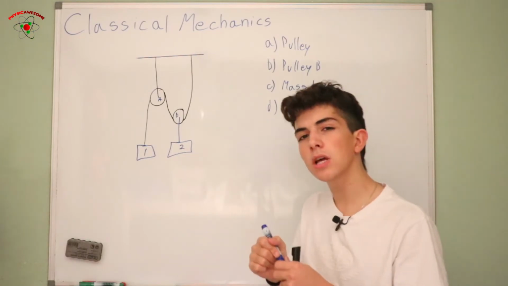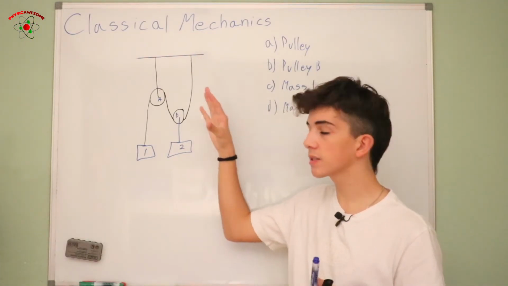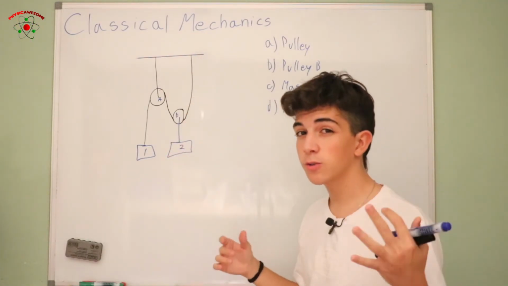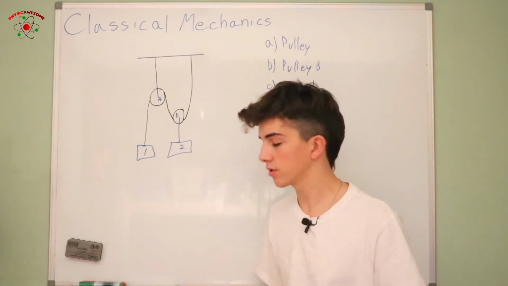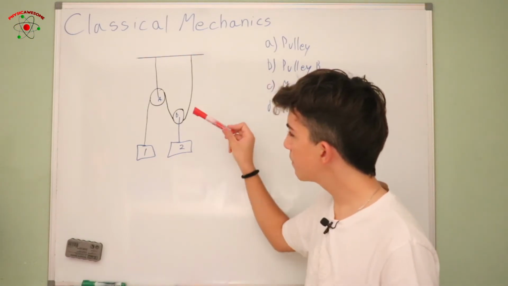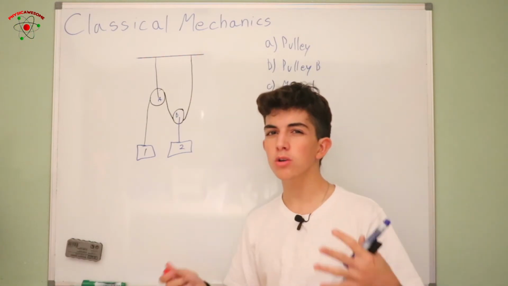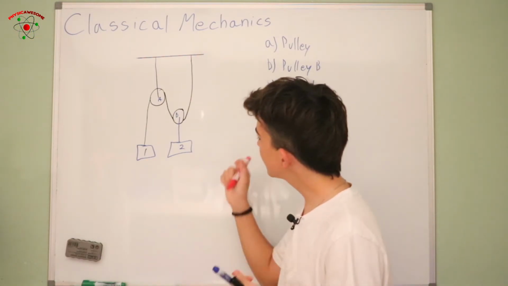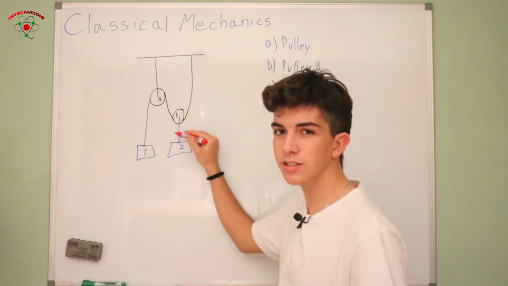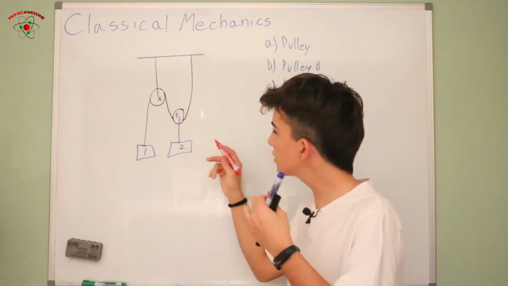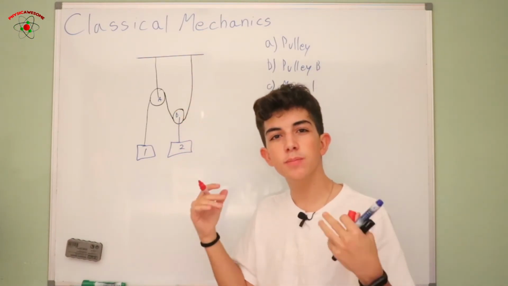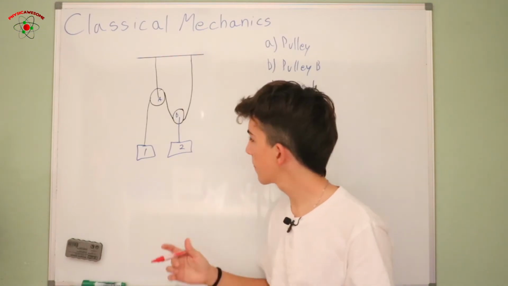But there's something that we can see in this system, and also we have seen in the equations, and that is that B and 2 are very closely related, because this rope that is joining them makes sure that they are at exactly the same position along time.